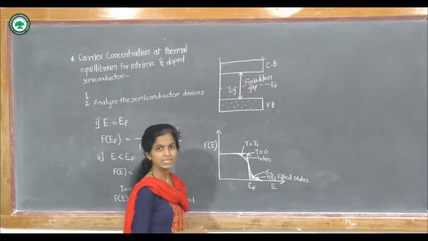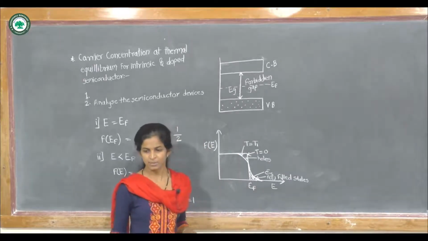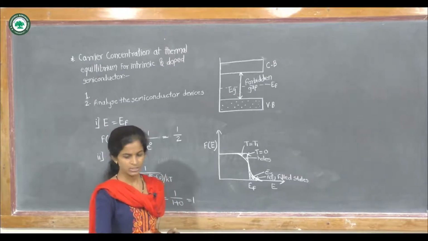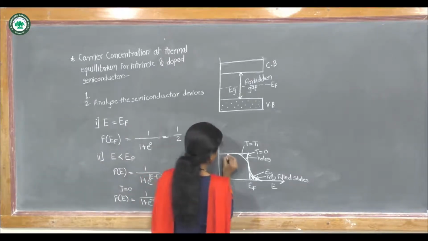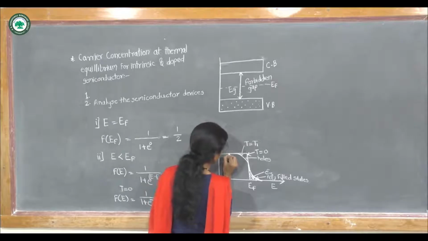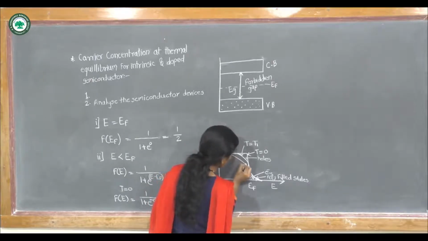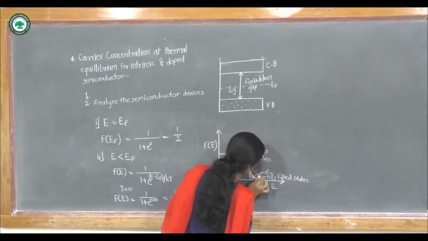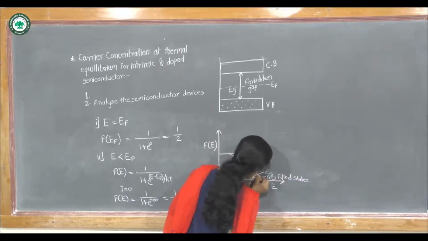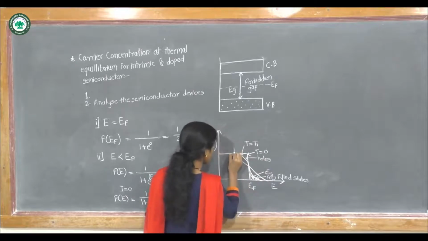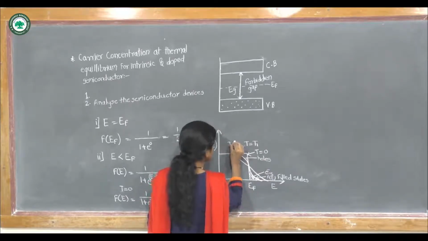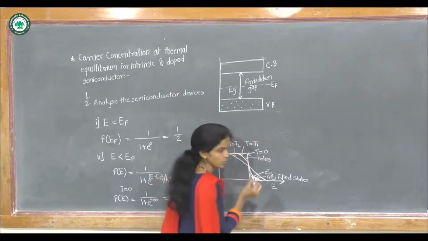And further, when we change the temperature from T equal to T1 to T equal to T2, again we find some variation in the Fermi function at T equal to T2.